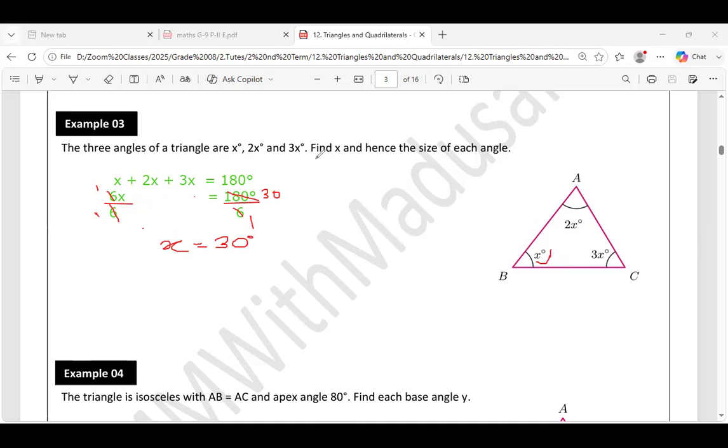Now you have found the value of x. Hence the size of each angle.